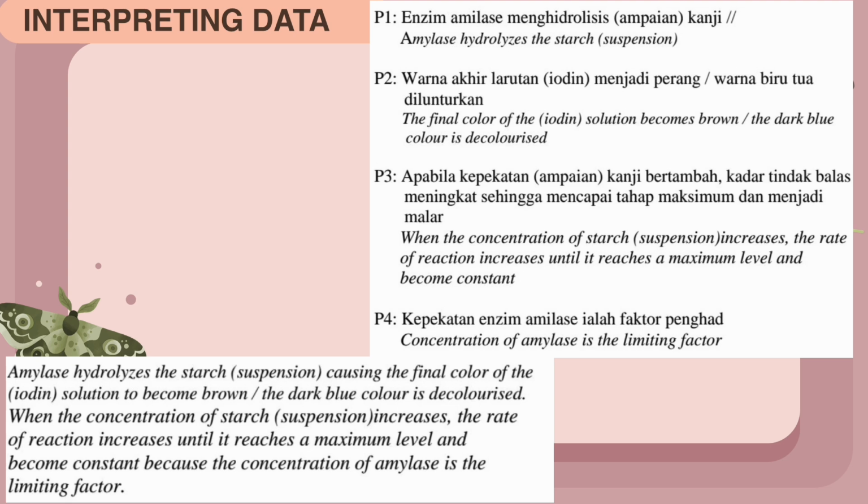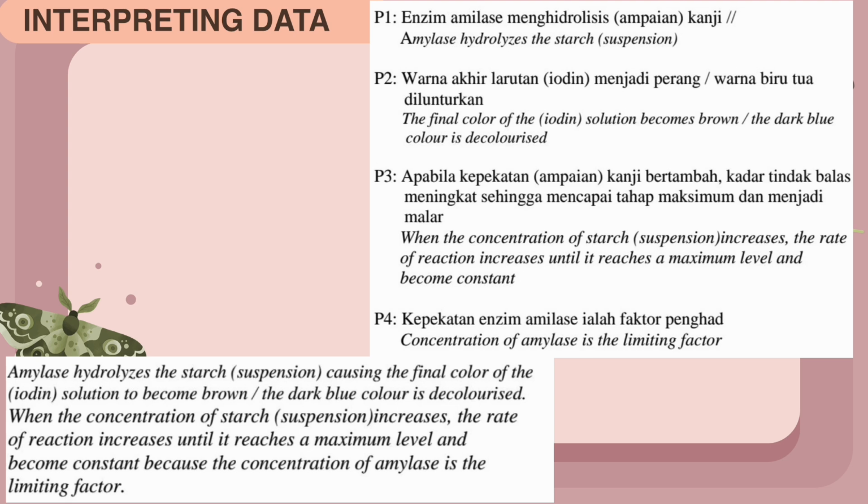Or you can also answer the dark blue color is decolorized. Third point, when the concentration of starch suspension increases, the rate of reaction increases until it reaches a maximum level and becomes constant. And the last point, concentration of amylase is the limiting factor.